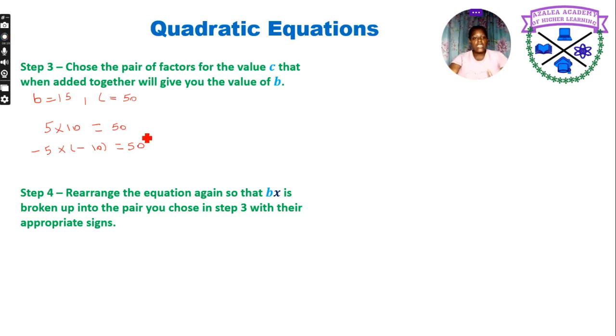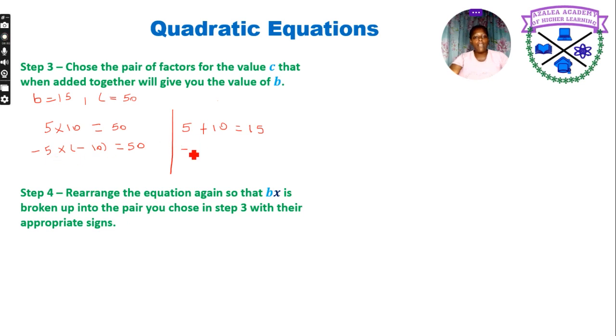But wait, there is another condition that this must fulfill in order for this to be the pair that we're looking for. When we add these two together, we must get positive 15 as well. So I'll just draw a line here to separate. This is positive 5, right, plus 10 is equal to 15.